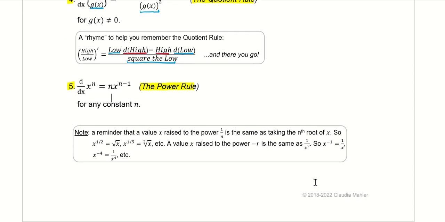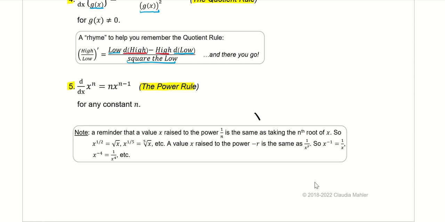Now I just have a note here because, again, for some people you've been dealing with exponents and these sorts of things recently. For some people it might have been a while. So just a reminder that if you have something raised to the power 1 over n, that's the same thing as taking the nth root of x. So for example, I've got these down here, but I'll write them up here.